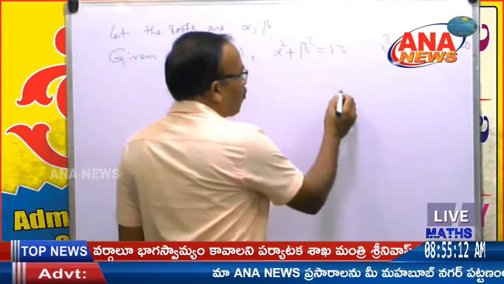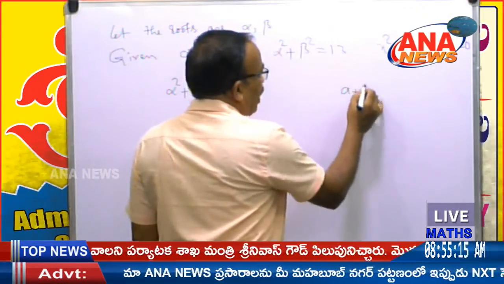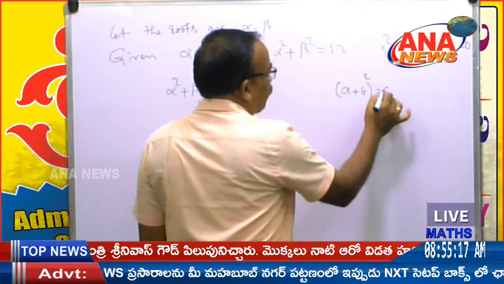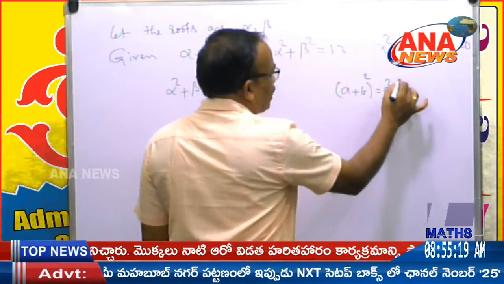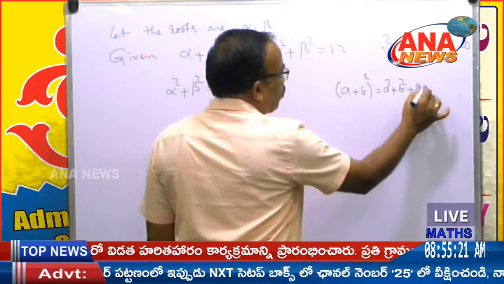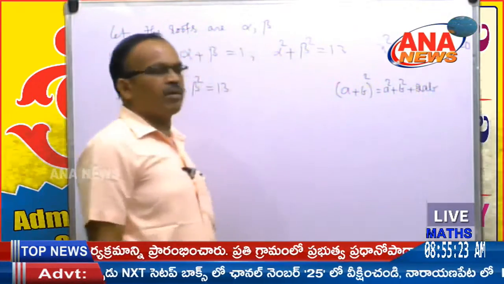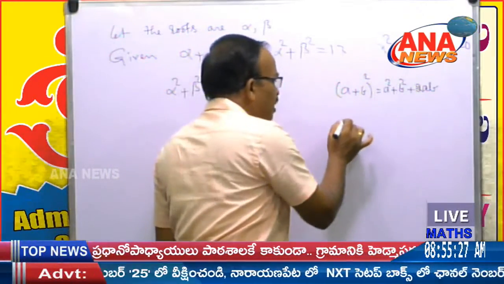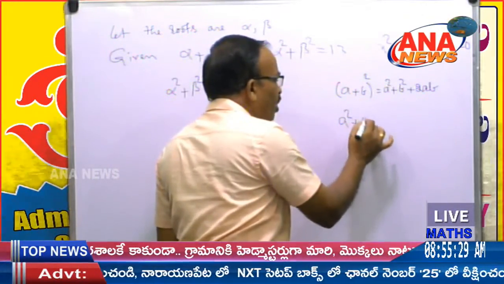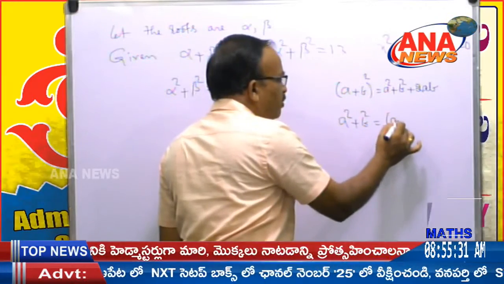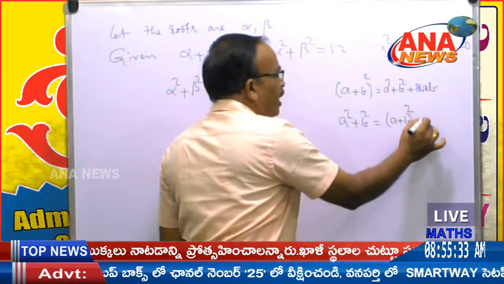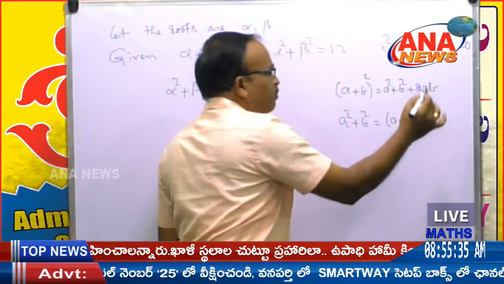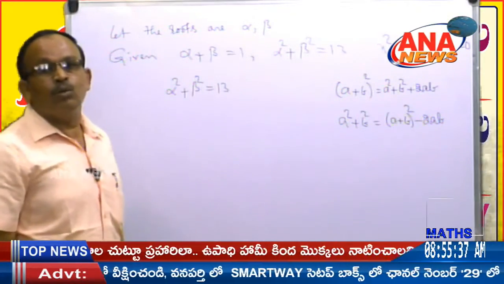Already we know one formula. What is that? (a plus b) whole square is equal to a square plus b square plus 2ab. So clearly, a square plus b square is equal to (a plus b) whole square minus 2ab.